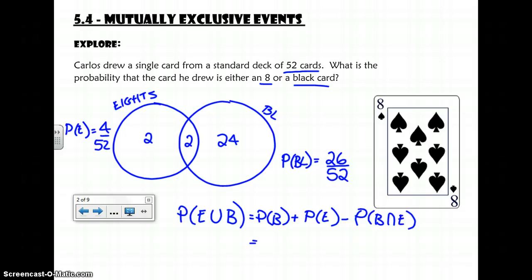So the probability of black is 26 over 52. Probability of an 8 is 4 over 52. Probability of having both, which is our overlapping part, is 2 over 52. So we add these up to get 30, subtract 2 to get 28 over 52 is our probability of having an 8 or a black card.